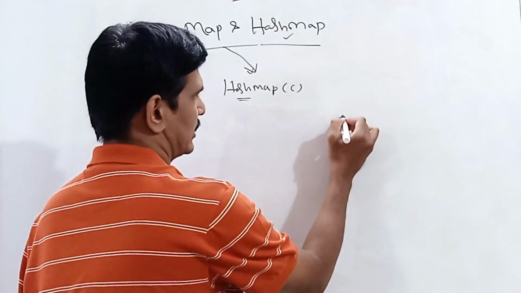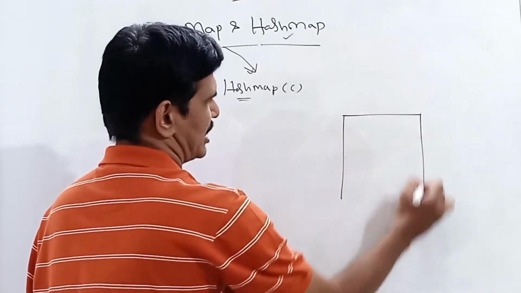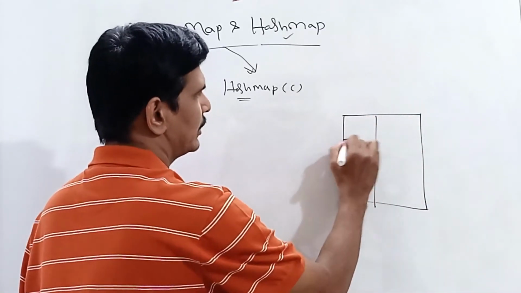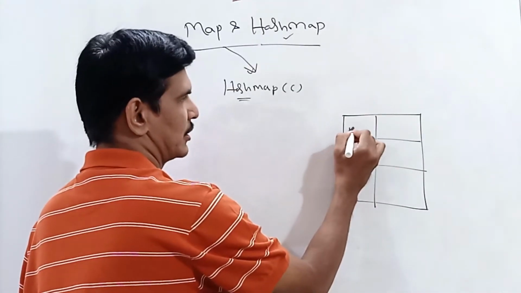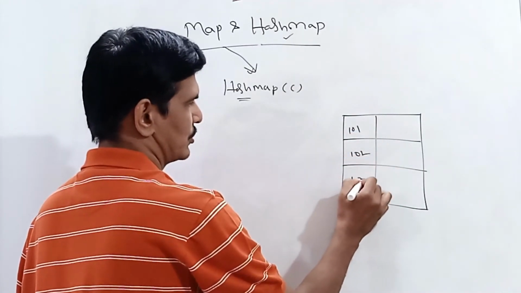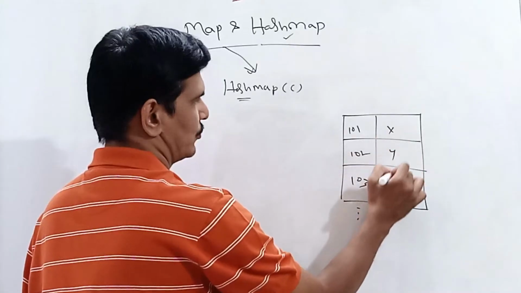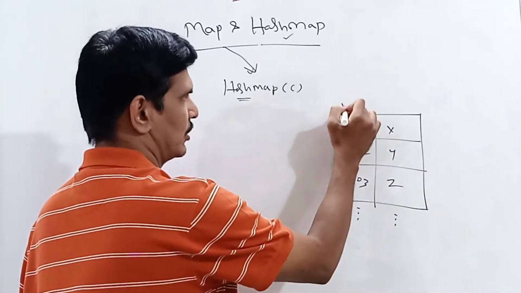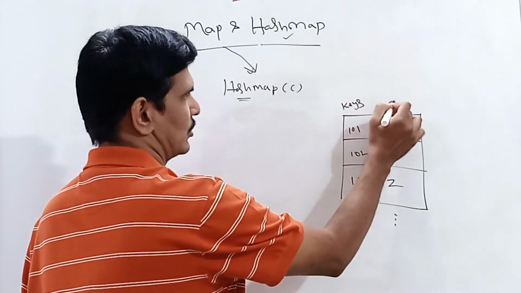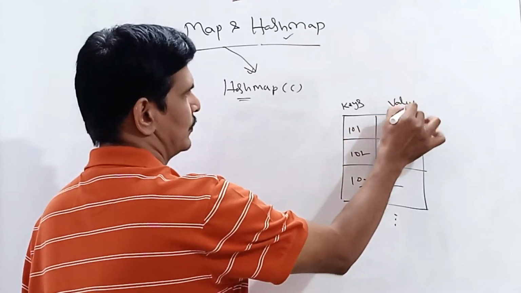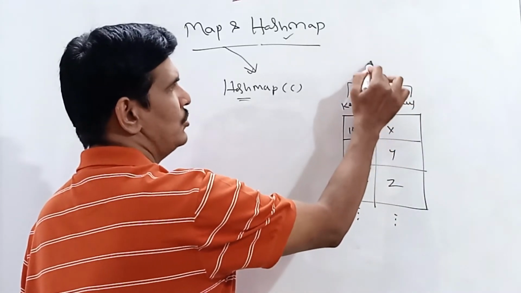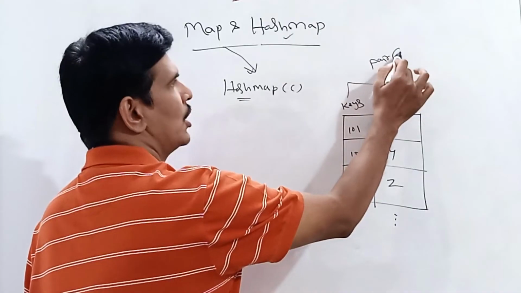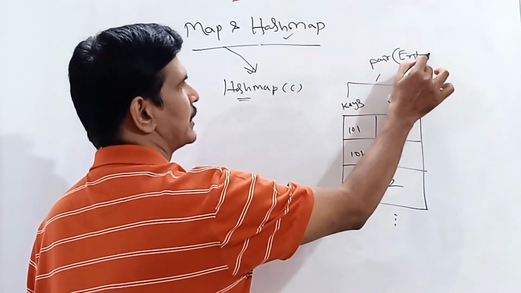Let us say I have some data like this, my HashMap with multiple sets of data: 101, 102, 103 and so on, x, y, z and so on. These are called keys and these are called values. The combination of key and value we call one pair, or we can say this is an entry.